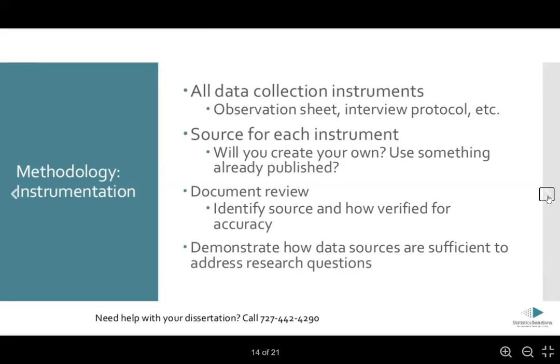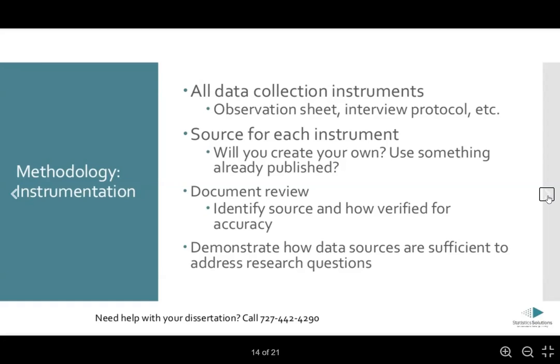For this section, I would use subheadings per instrument if you have multiple data collection instruments. You might start off talking about the interview, then go into the document review, so that it's clearly sectioned off and not getting muddled.